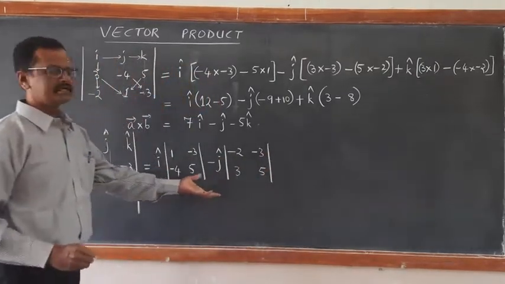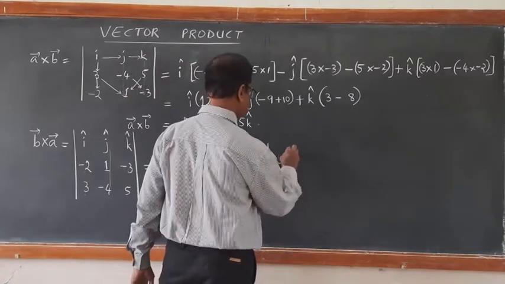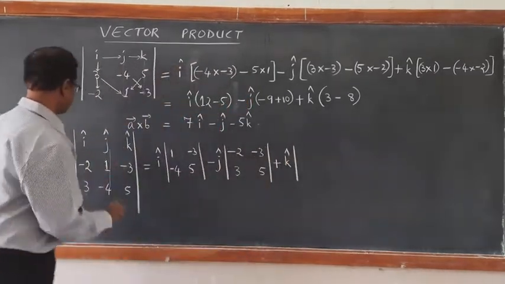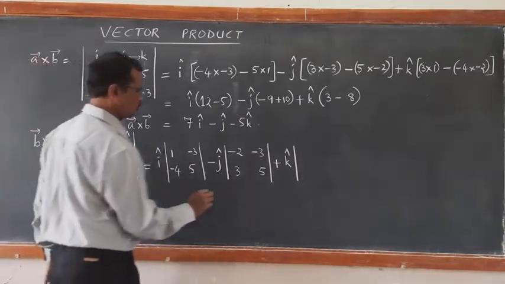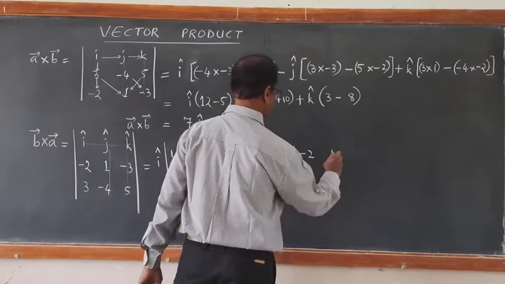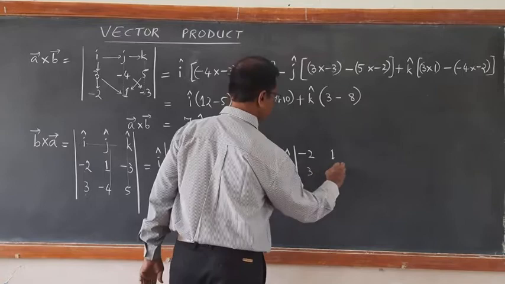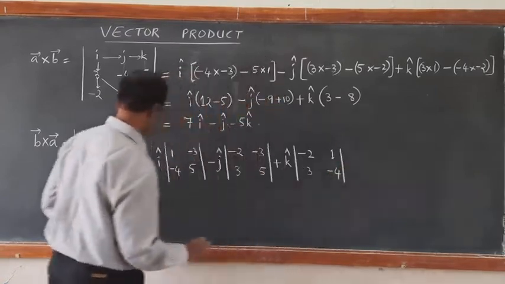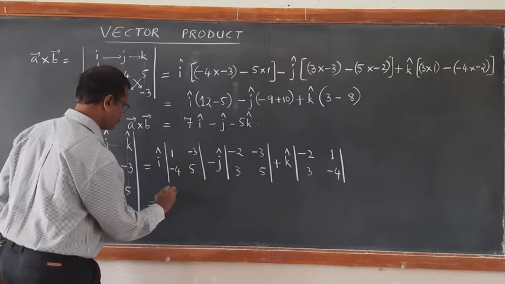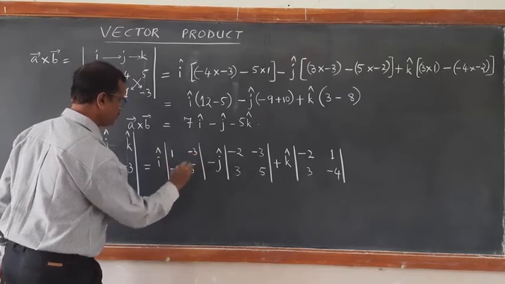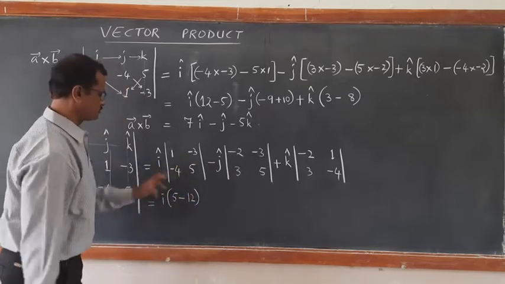This is an intermediate step. You can write this intermediate step for your reference. Plus k. Plus k into, first row, last column, you are left with minus 2, 1, 3, minus 4. Now you expand this by determinants. 5 ones are 5. I into 5 minus 4 3s are 12, minus of minus plus 4 3s are 12.